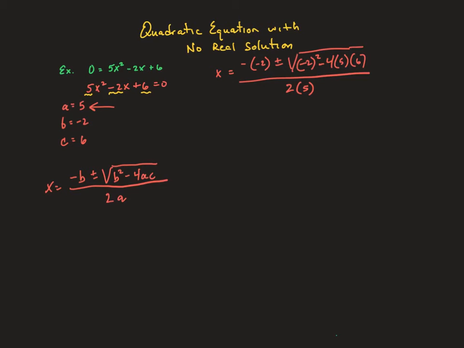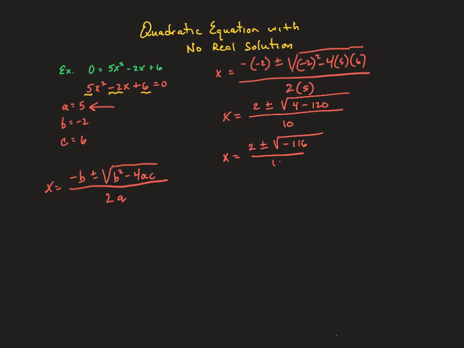Then -4 times a positive 5 times a positive 6. This is going to be positive 2 on this side, and this is going to be a positive 10. So x is equal to 2 plus or minus the square root of 4 minus 120, all of that over 10.